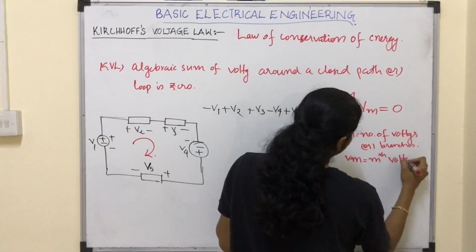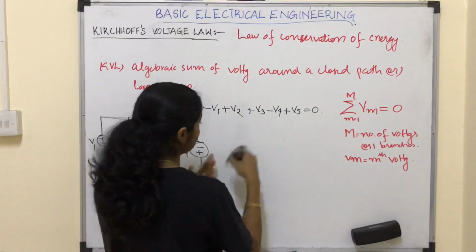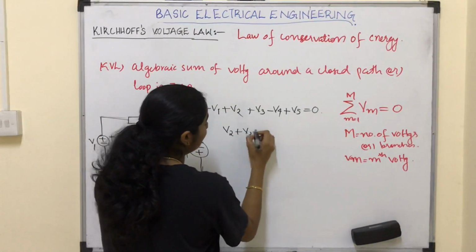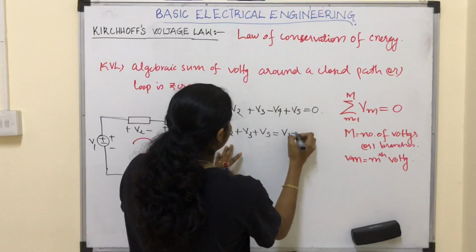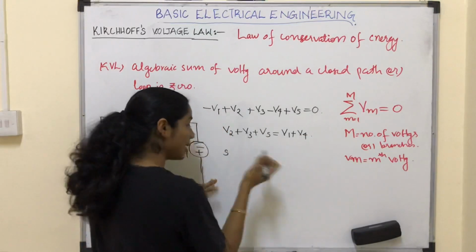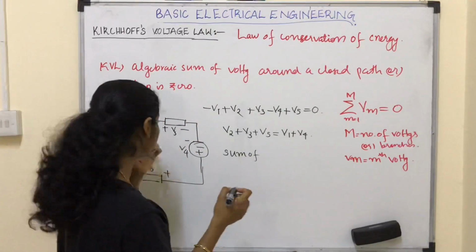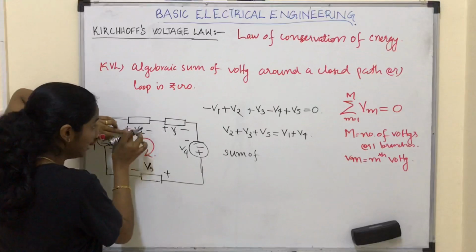If we rearrange this equation, V2 plus V3 plus V5 equal to V1 plus V4, that is sum of voltage drop. Plus to minus means drop.